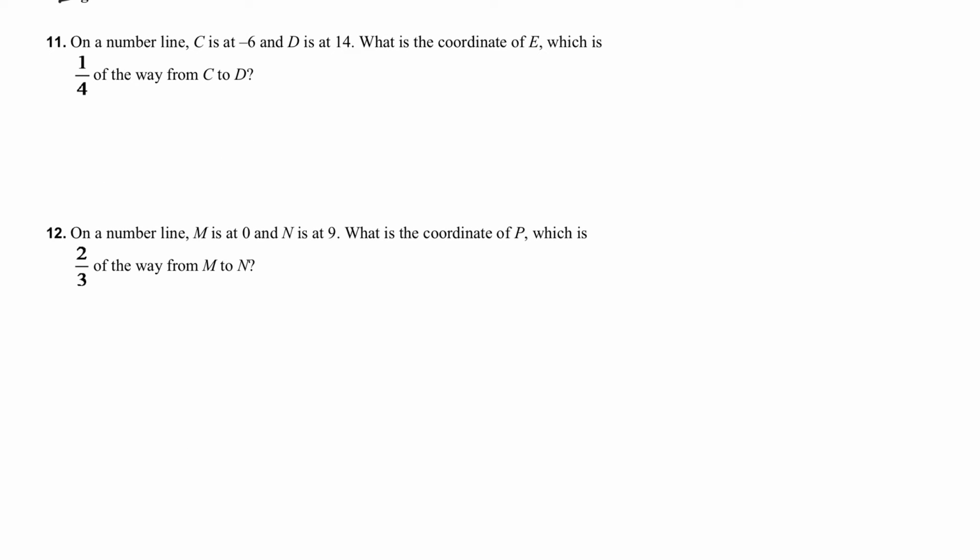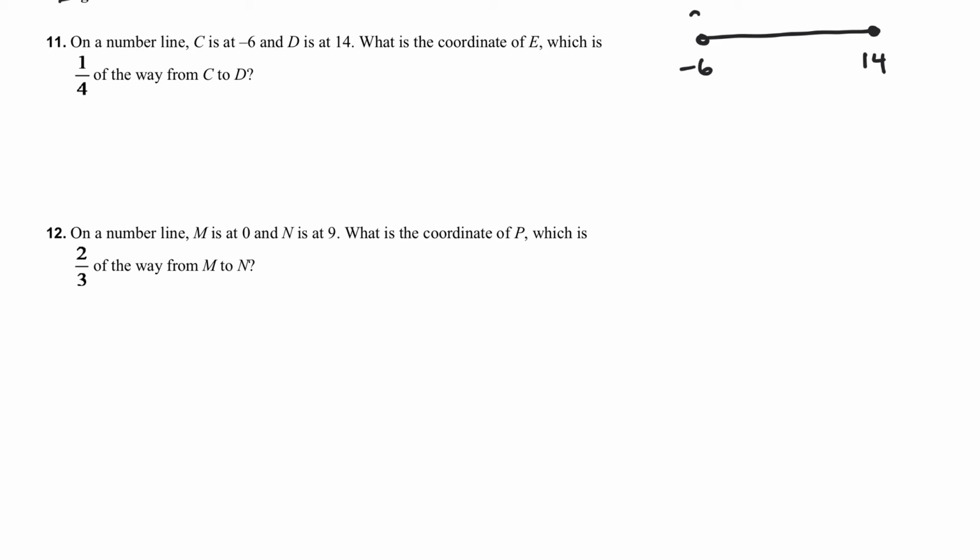So for number 11, it says on a number line, C is at negative 6. So what I'm going to do is I'm going to draw a number line. And I have negative 6. And then we have D, which is 14. What is coordinate E if it's 1/4 the way from C?